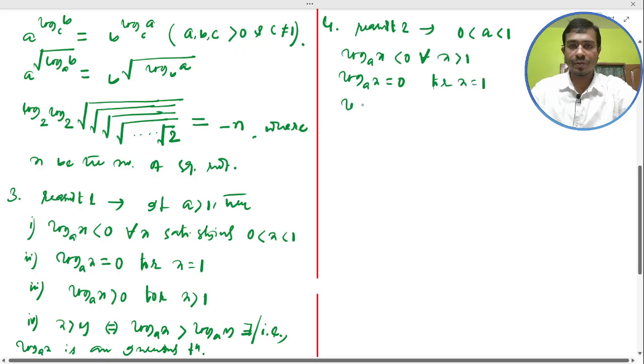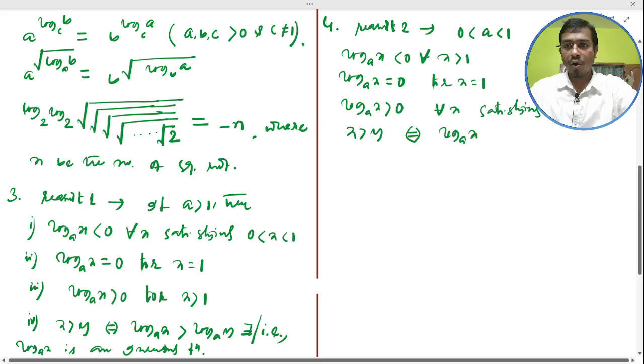Log x greater than 0 for all x satisfying 0 less than x less than 1. X greater than y is equivalent to log x less than log y, that is, log x is a decreasing function. Very important for this condition.